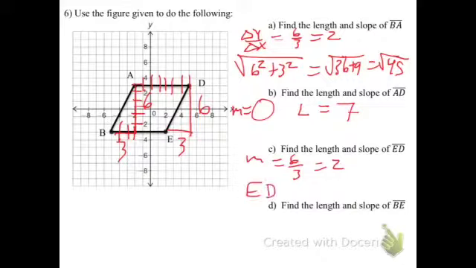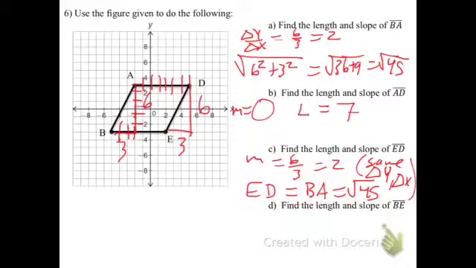That's what it means. The distance from E to D is actually the same as this one, equal to the distance from B to A, which is square root of 45. And that's because they're the same change in y and change in x.